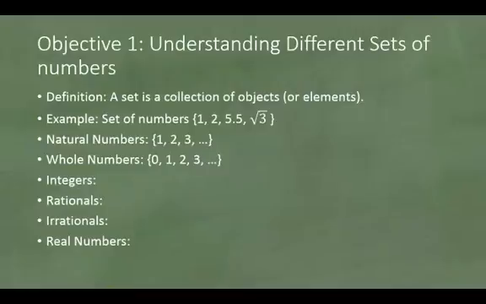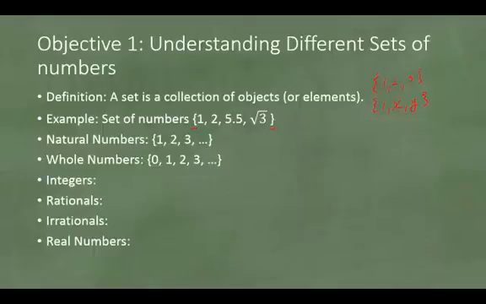Objective 1, understanding the different sets of numbers. Definition. A set is just a collection of objects or elements. It can be a collection of numbers, like 1, 2, 5, or it can be a collection of numbers and variables, 1, x, y, etc. But we use these brackets to represent a set, any collection of numbers or variables.